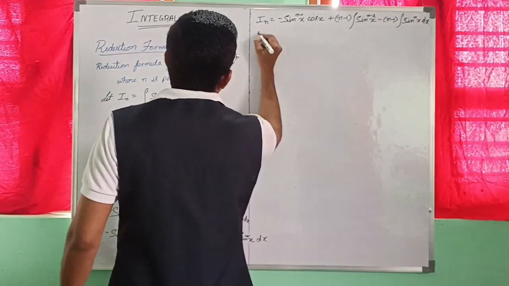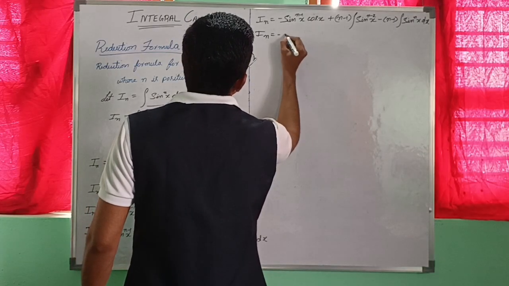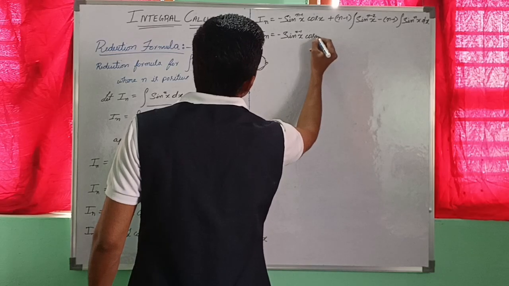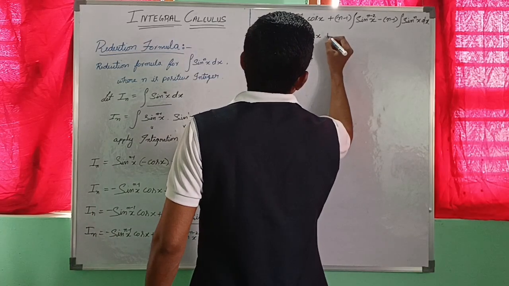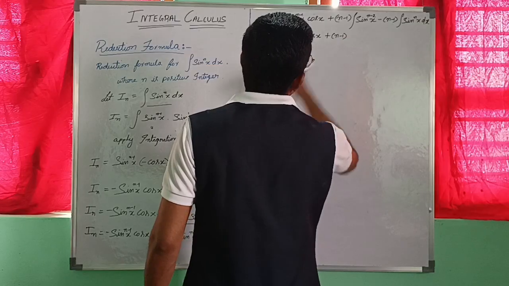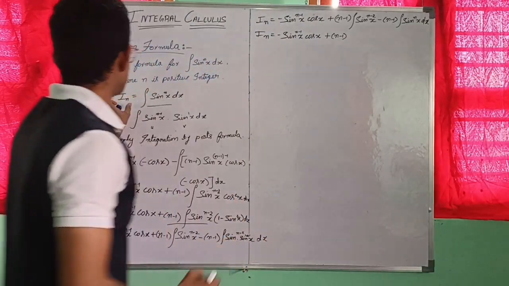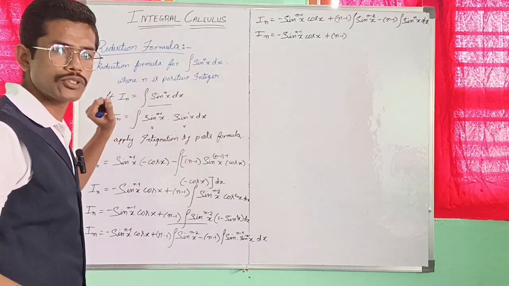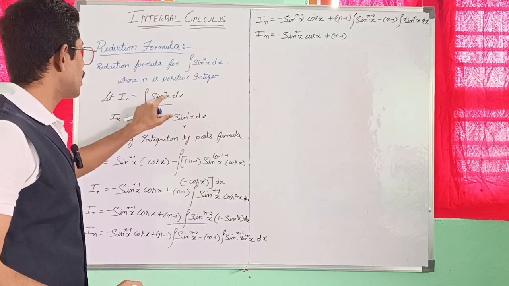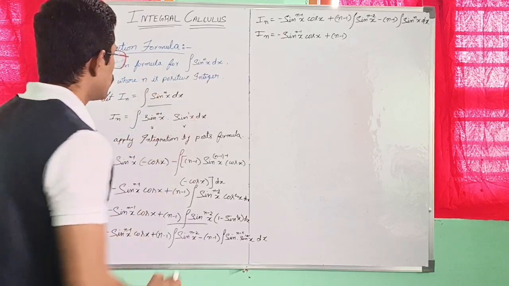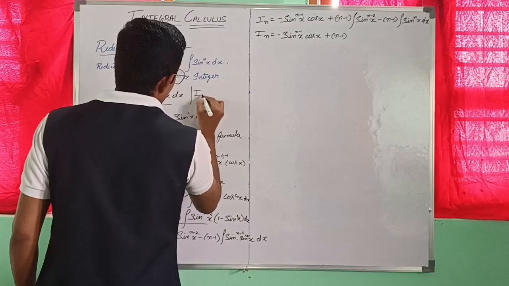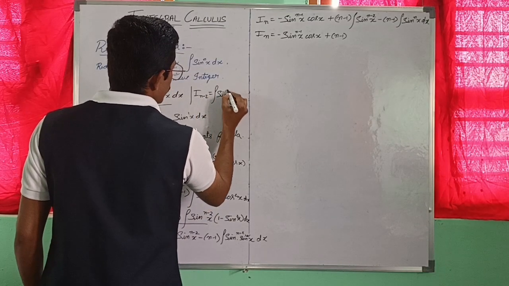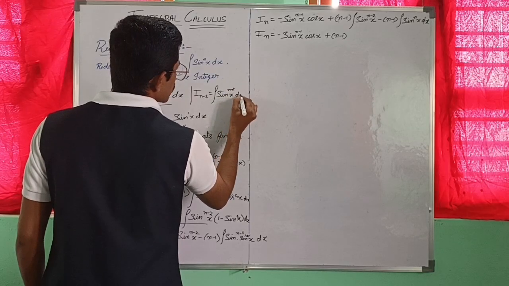Let's move on. In is equal to minus sine power n minus 1 x cos x plus n minus 1 integration sine power n minus 2 x dx. Here we have In is equal to integration sine power n x dx, right? So we can write I n minus 2 is equal to integration sine power n minus 2 x dx.